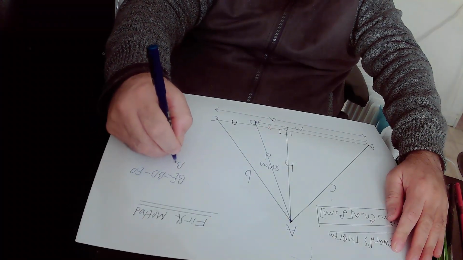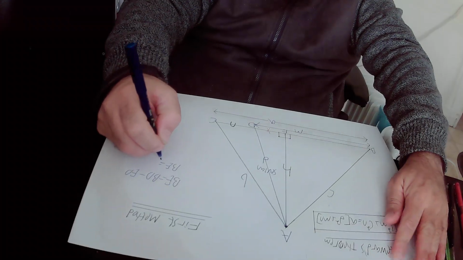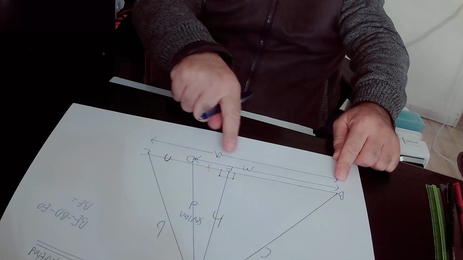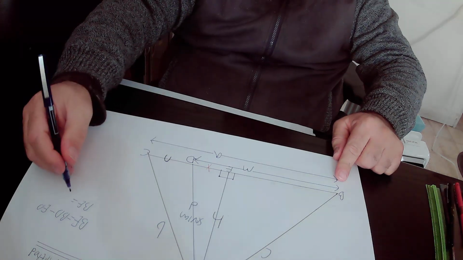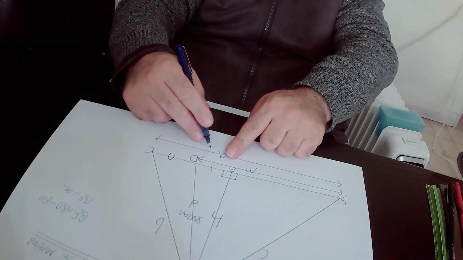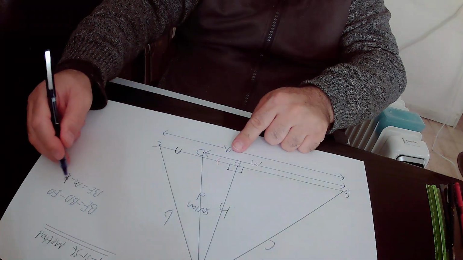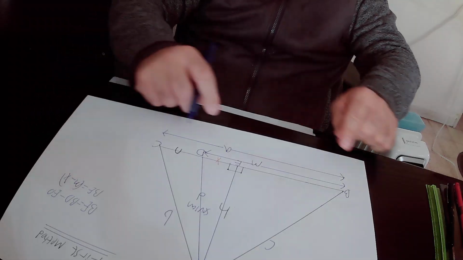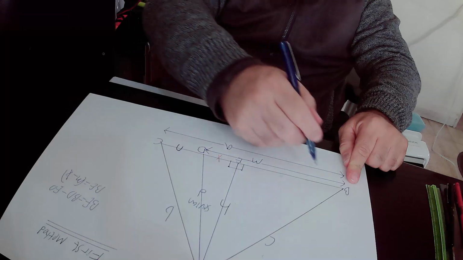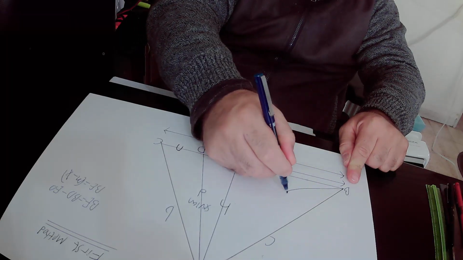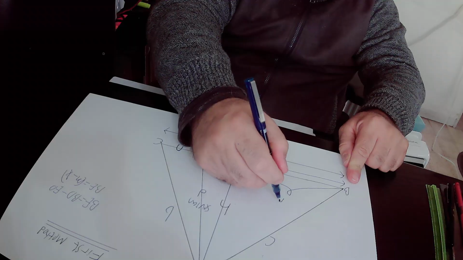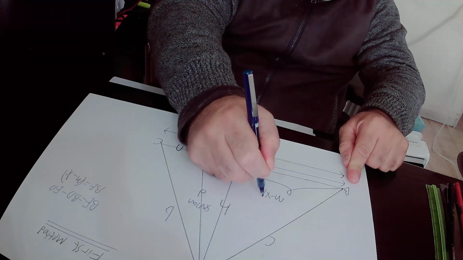BD equals M units, so we substitute BD by M, and ED equals X, so we substitute ED by X. In conclusion, we found out that the length of this line segment BE is M minus X units.